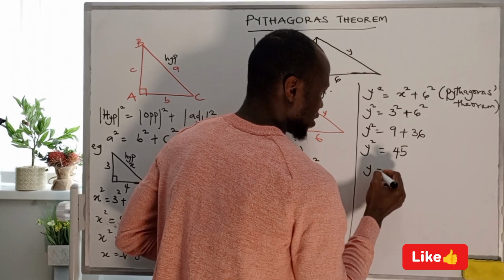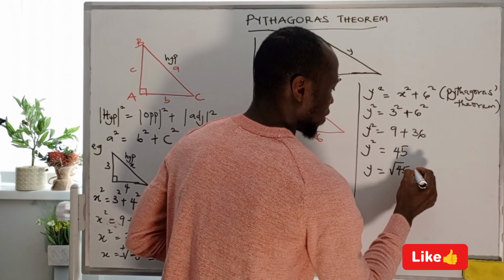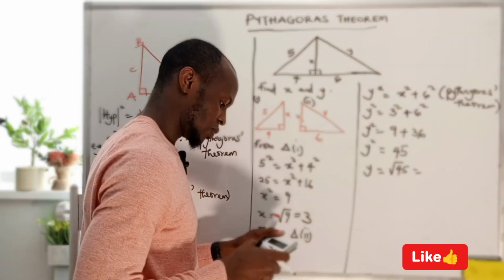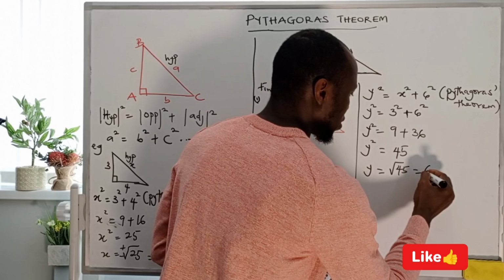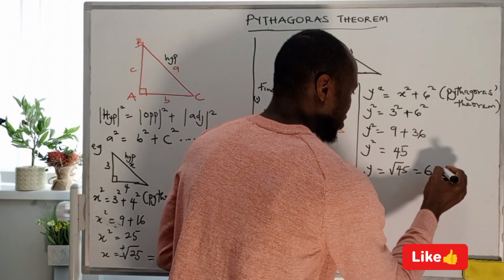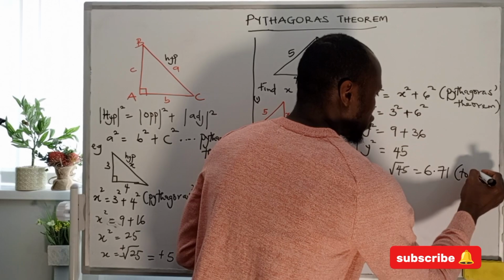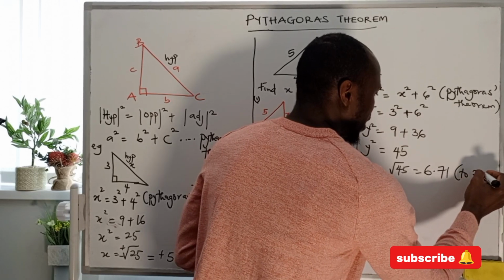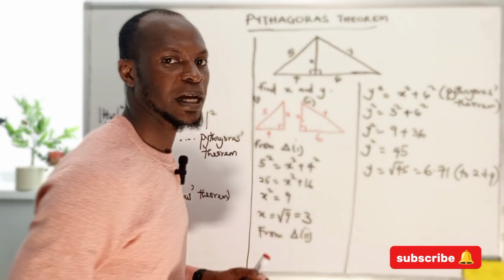So my y equals the square root of 45, which gives 6.71 to 2 decimal places. That is my final answer.